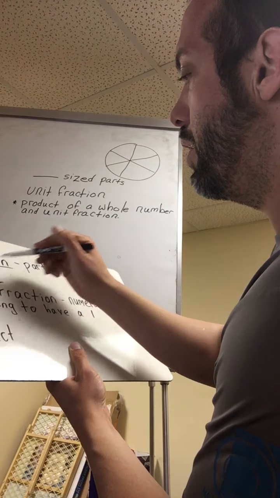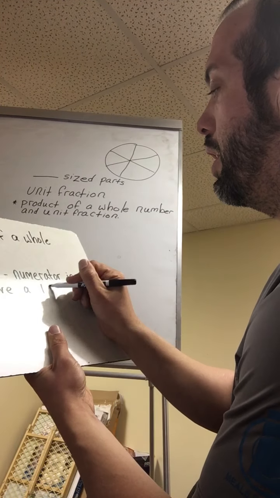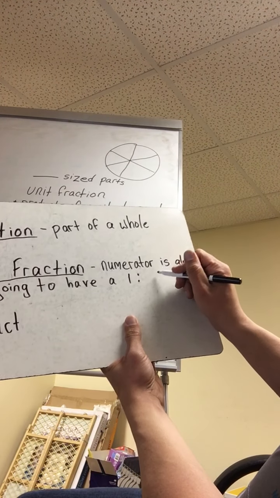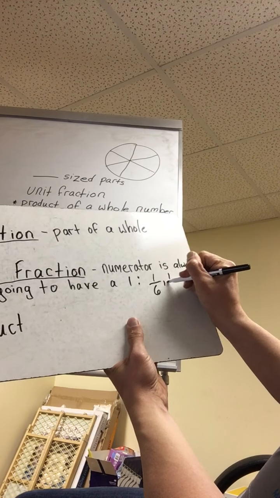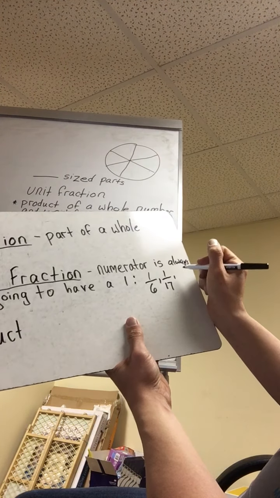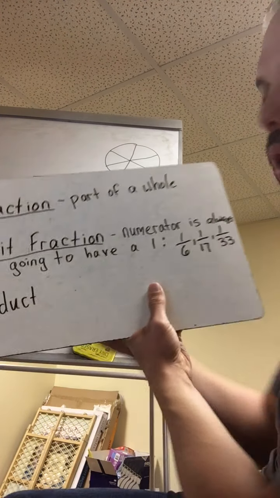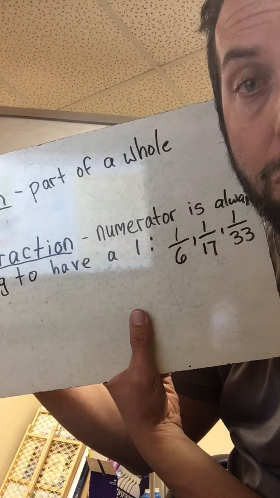Underline fraction, underline unit fraction. So what's a fraction that would have a numerator of 1? We could say 1/6. We could say 1/17. We could say 1/33. All of those would be examples of unit fractions. They just need to have a numerator of 1.